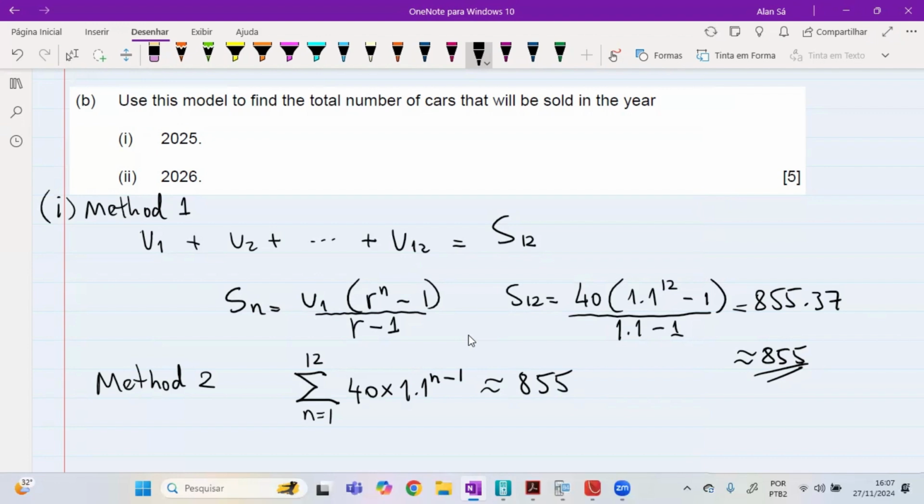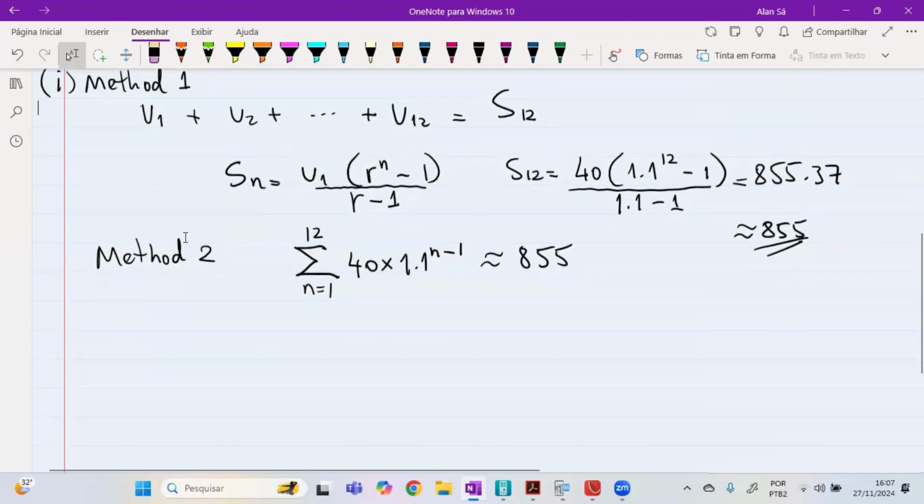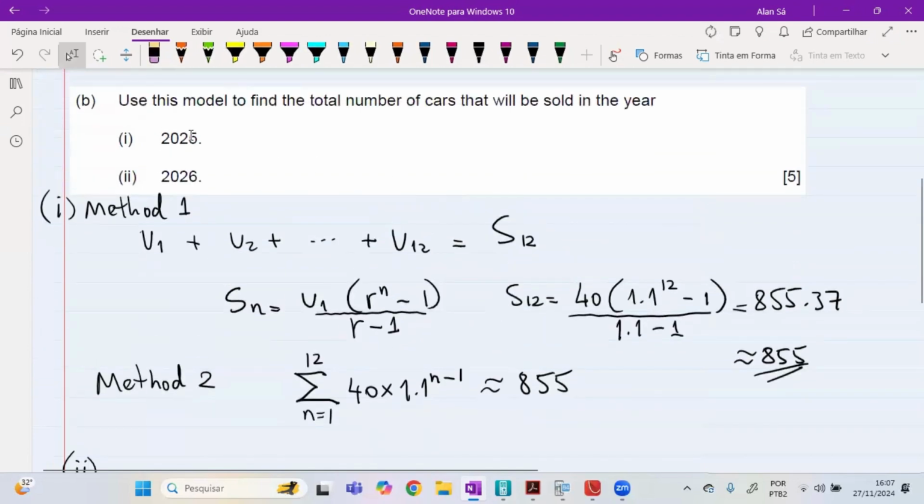For part B2, 2026, we have some alternatives because we already know the sum of the terms of 2025.